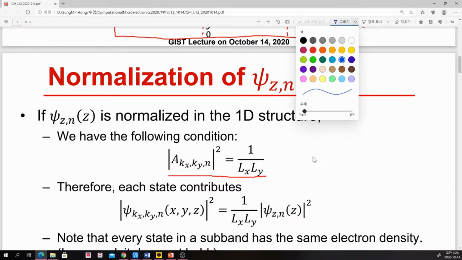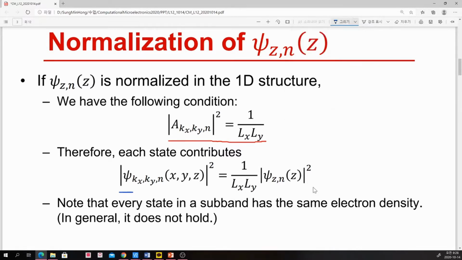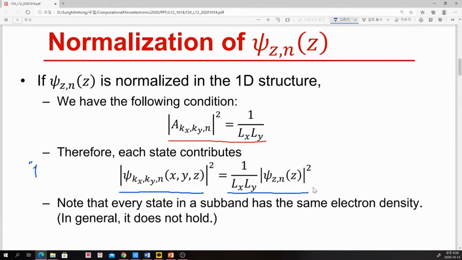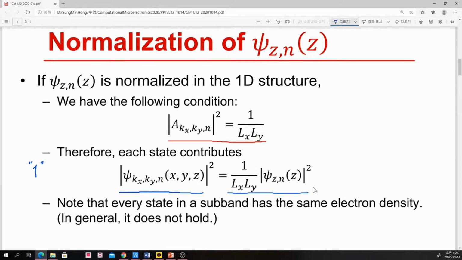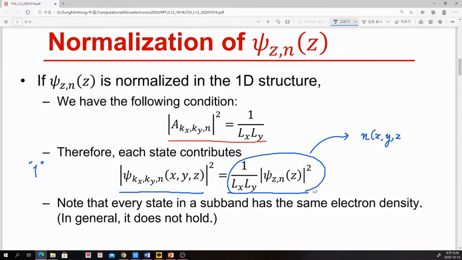So now each state contributes this contribution. If we have only one single state fully occupied, then that will be the electron density, as a function of x, y, z.